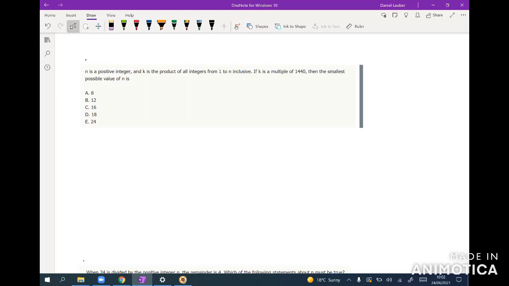N is a positive integer, and k is the product of all integers from 1 to n inclusive. Okay, so it's n factorial. If k is a multiple of 1440, well, first of all, we need to say that k equals 1440, which is 2 times 5, so 10, times 12 squared. 12 is 2 squared times 3, so 12 squared is going to be 2 to the 4 times 3 squared.